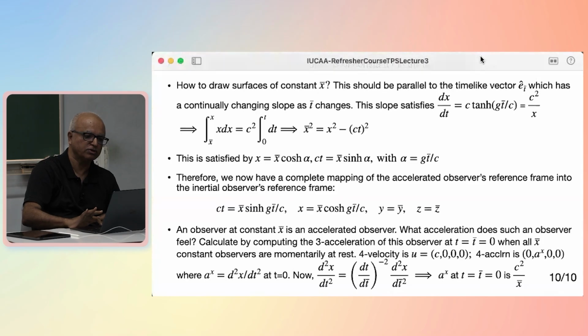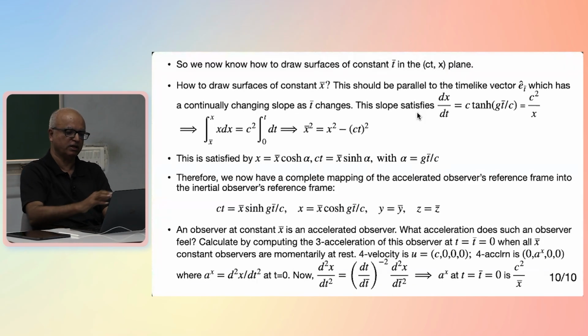So, we can just do a little bit of maths and show that the slope of the line parallel to E t bar is given by this relation. It's very easy to work it out. Just please check it out. And now integrate this, and this is the solution. Surfaces of constant x bar.